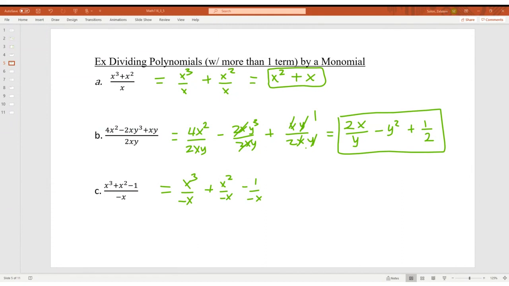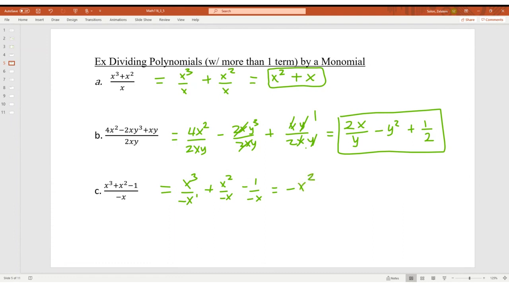It's not an exponent. So 3 minus 1 is 2, so I have x to the power of 2.